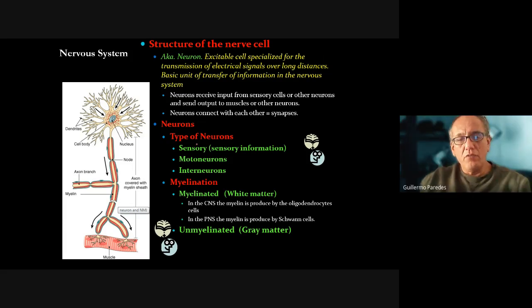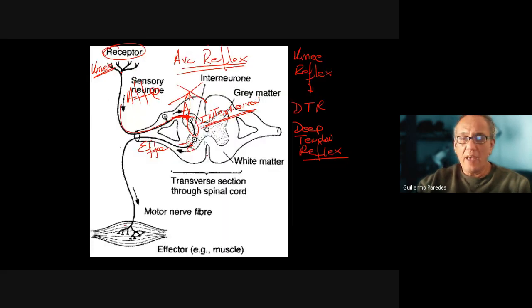So we have the sensory nerves, that is basically the afferent, and the motor neuron. The motor neuron is the efferent. And the interneurons will be between the afferent and the efferent.